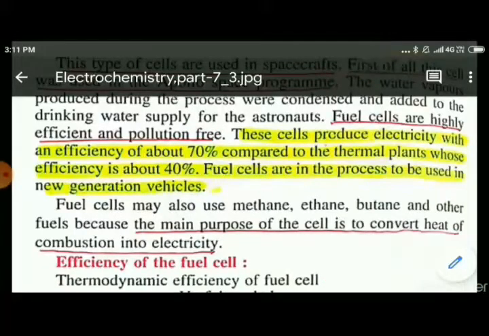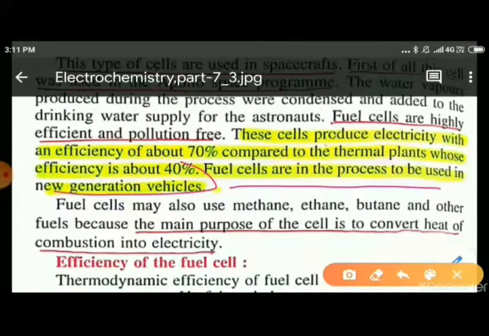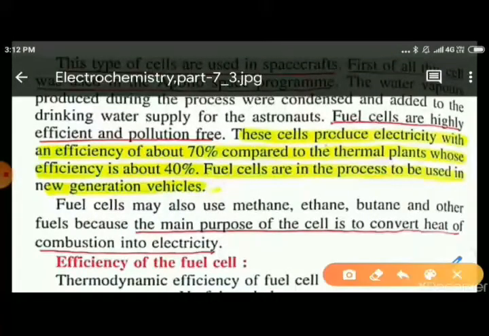Fuel cells are in the process of being used in new generation vehicles. In a fuel cell, in place of hydrogen, methane, ethane, butane and other fuels can be used, because in this cell the main purpose of taking the fuel is to produce heat energy, that is the combustion energy required to produce electricity.